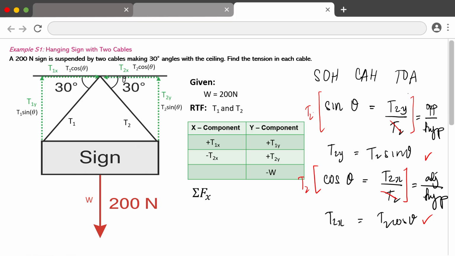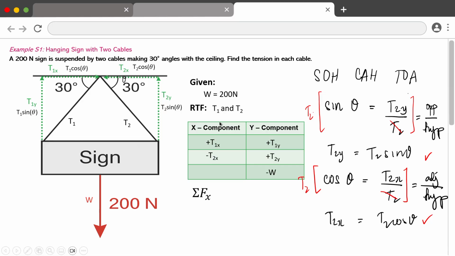So now we have expressed the four components T1x, T2x, T1y, T2y in terms of T1 and T2. Now let's find the net external forces that are being applied on the sign in the x-axis.